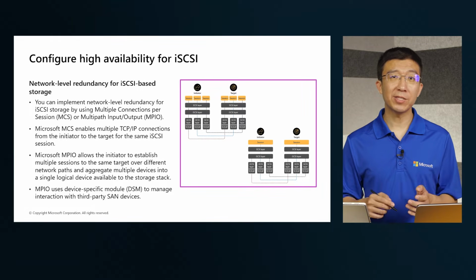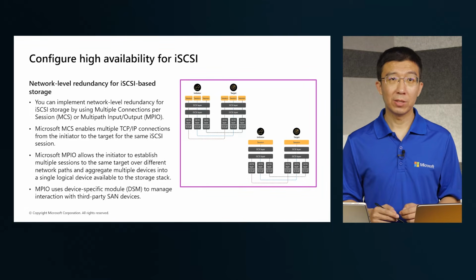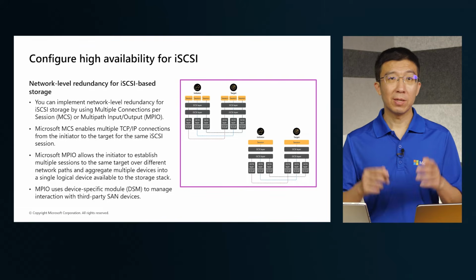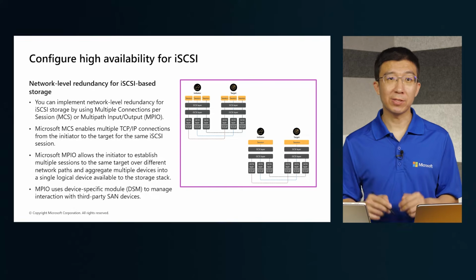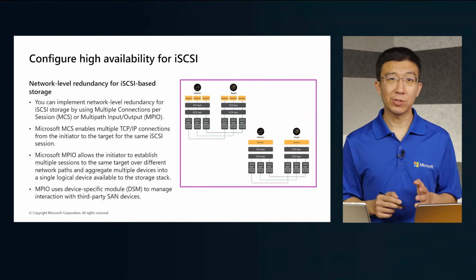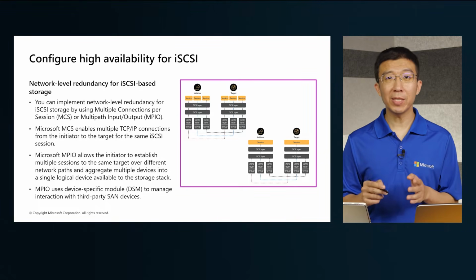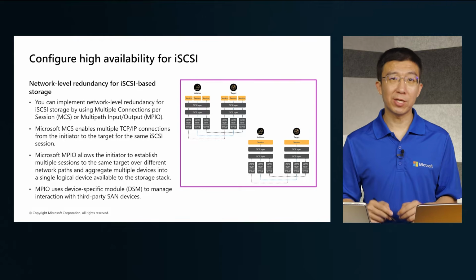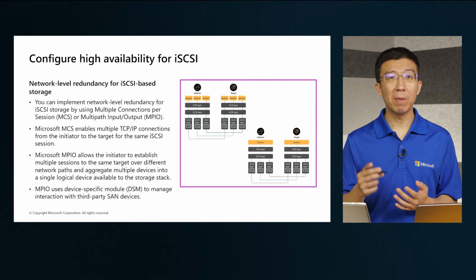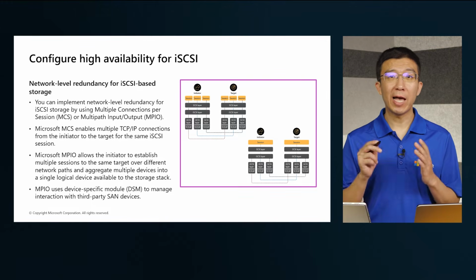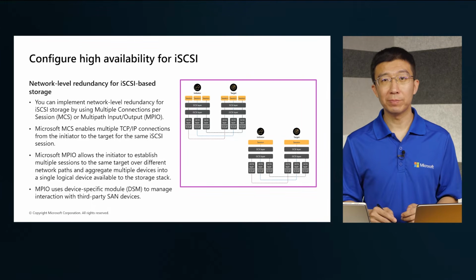To make your iSCSI storage highly available, you can use multiple connections per session (MCS). It allows multiple TCP/IP connections for one session. You can also take advantage of multipath input-output (MPIO).